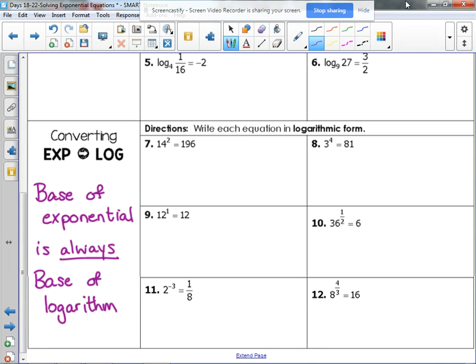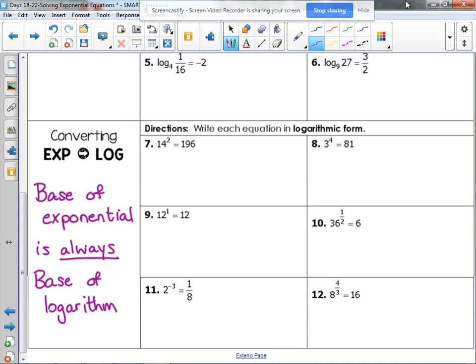I make that note because it's really easy to go from logarithmic to exponential form. You use the swoop, easy peasy. Going from exponential to logarithmic, you have to think just a little bit more. But if you remember this, it takes one of the numbers out of the process of having to think.